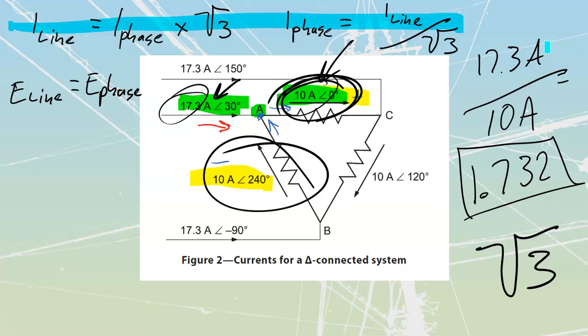Using that math that we did before, where we took a look at which one is entering and which one is leaving, we could figure out the rest of our line currents. The values of line current would work out to become 17.3 at 150 and 17.3 at negative 90 or 270 degrees, whichever one you prefer to utilize.